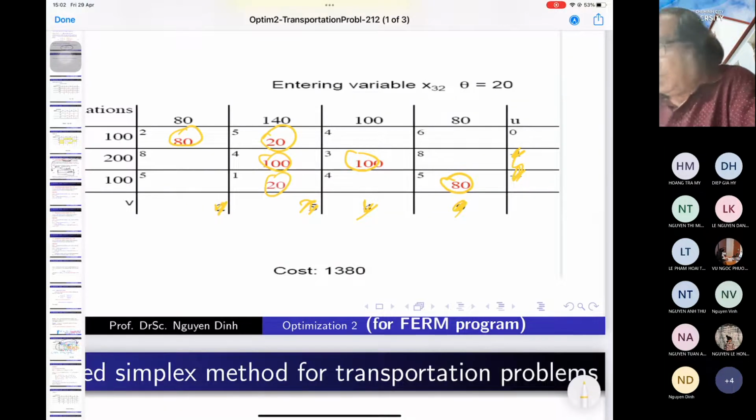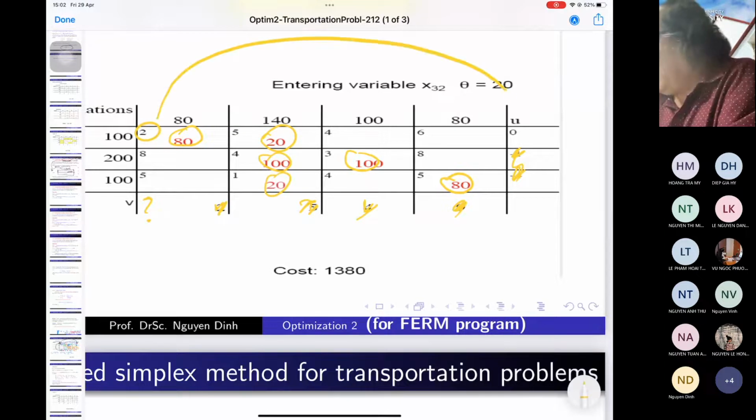And then, what is V1 here? Tell me. It is 2, because 2 here equals 0 plus something here, and it is 2. And what is V2 here?